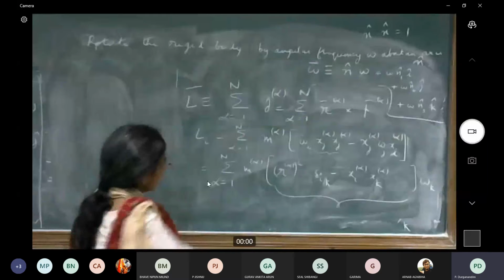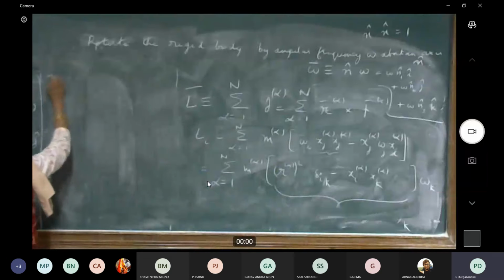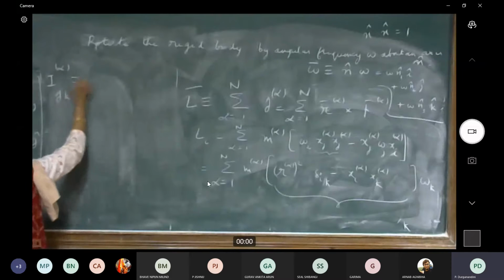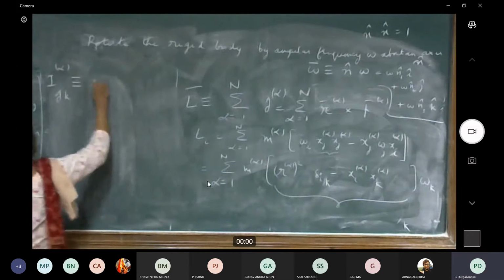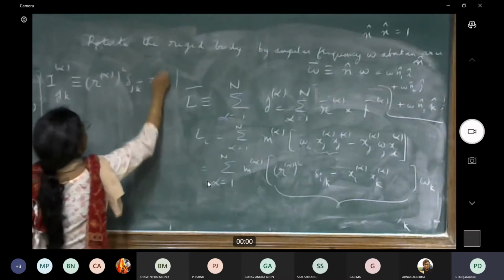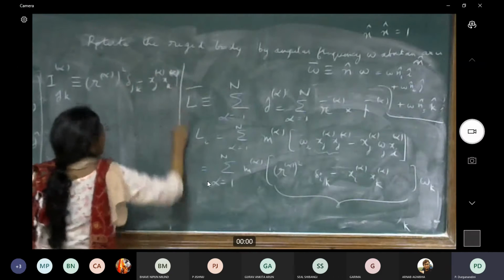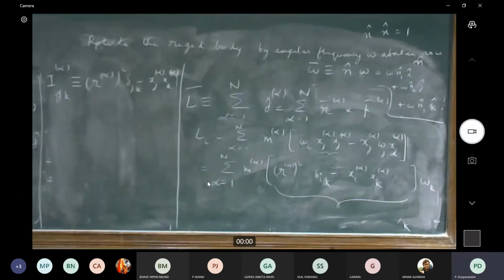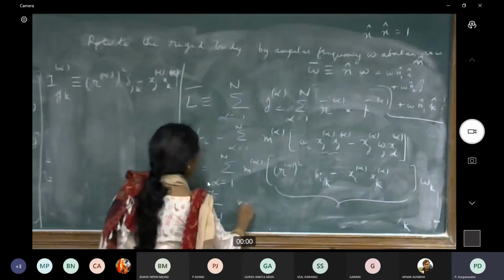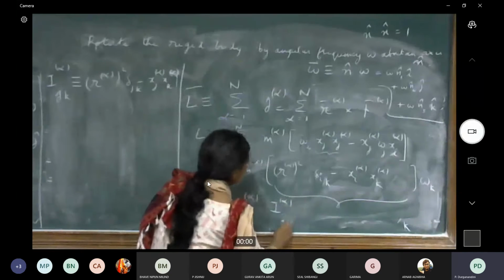So if I define now I alpha jk as equal to R alpha square delta jk minus xj alpha xk alpha, this will transform like a tensor of rank 2. Okay. So therefore I can write this as sigma alpha equal to 1 to n of m alpha I alpha ik.